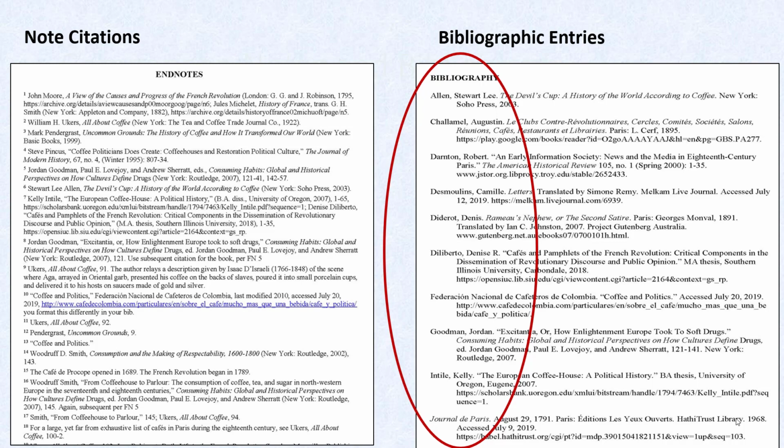Study the differences with the knowledge that the note citations perform a different function from the bibliographic entries. That difference explains why we use different formatting for each. Remember, finally, that correct formatting for note citations and bibliographic entries are visual clues to your reader about what kinds of sources you've used.